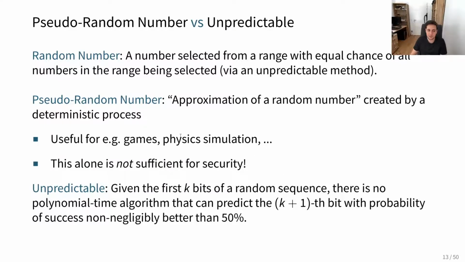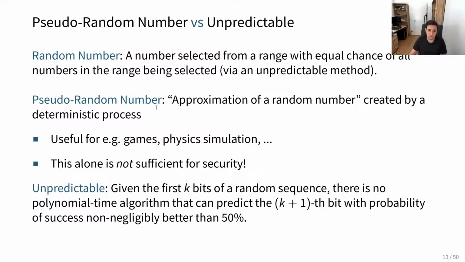And this is useful, for example, for some simulation purposes, or if we need some cheap pseudo-random numbers, but this alone is usually not sufficient for security, which doesn't mean that pseudo-random numbers are never used in cryptography. There are use cases for pseudo-random numbers, but not alone for security.